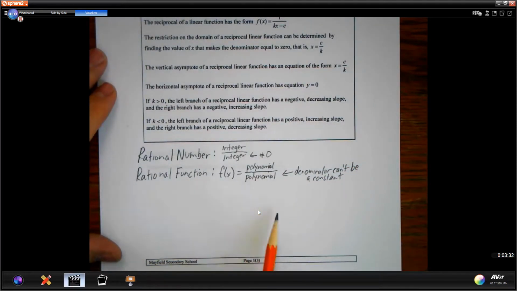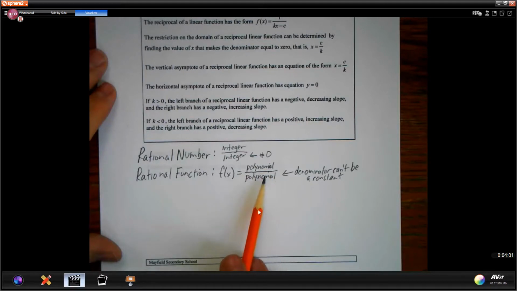If I had, say, 5x plus 10 over 2, well, those are both polynomials, but 5x plus 10 divided by 2 would be 2.5x plus 5. Well, that's not a rational function. That's another linear function.